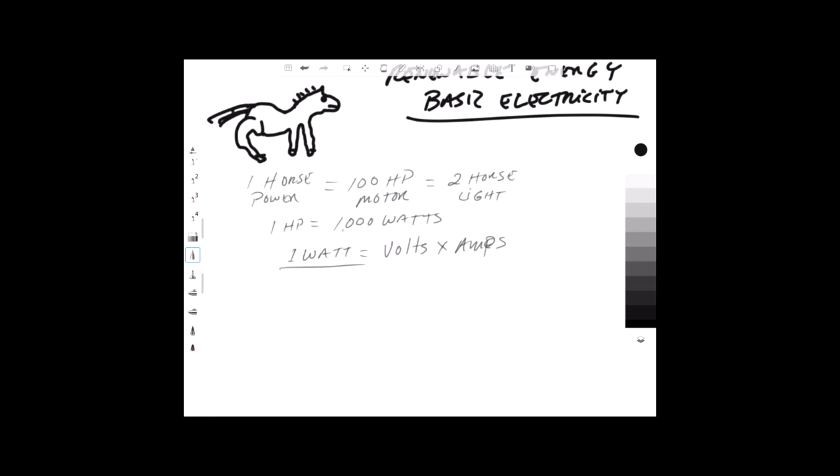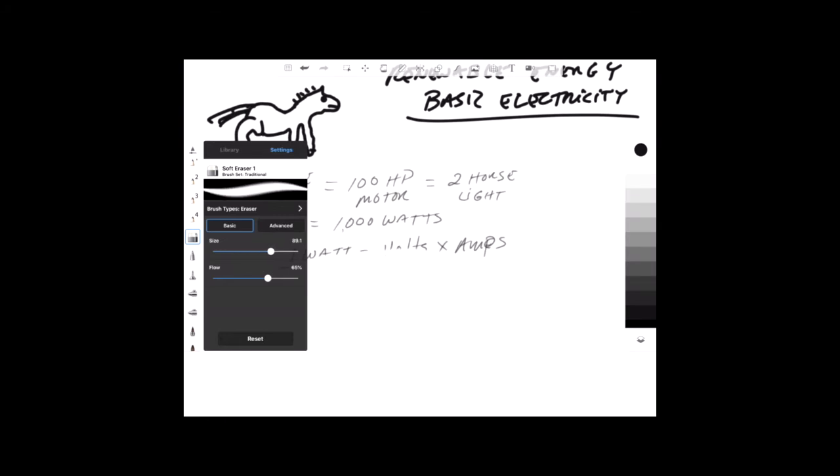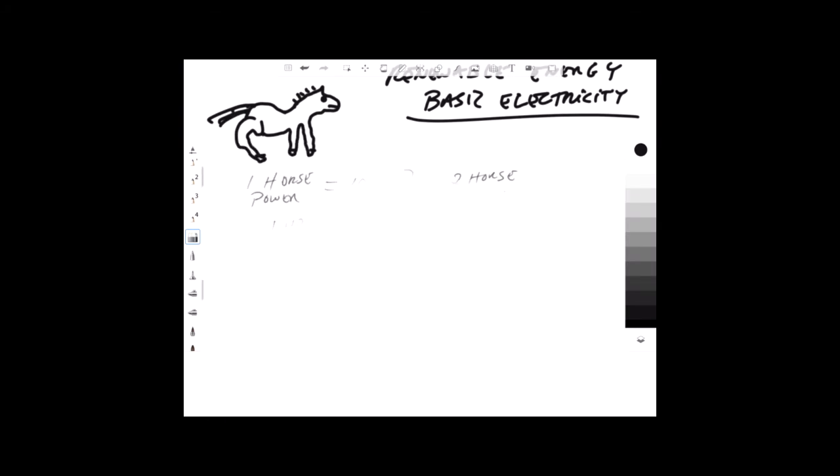So let's talk a little bit about where we're going here with watts, volts, and amps. I'm gonna erase this real quick and move on to the next subject.